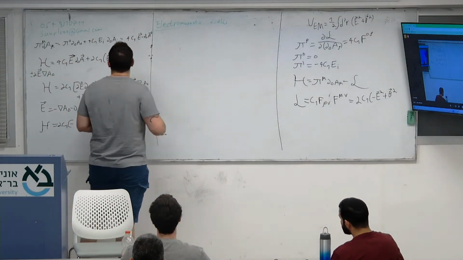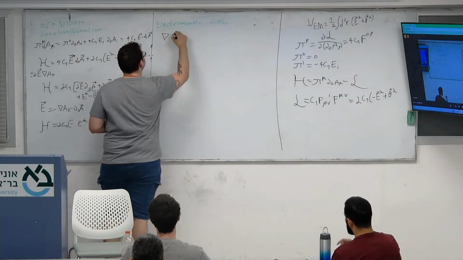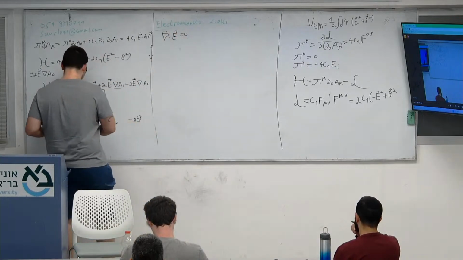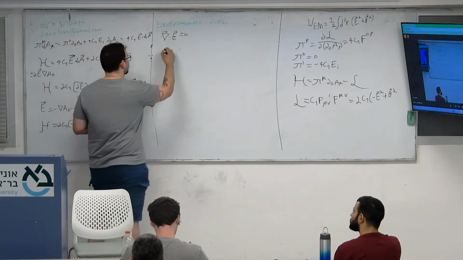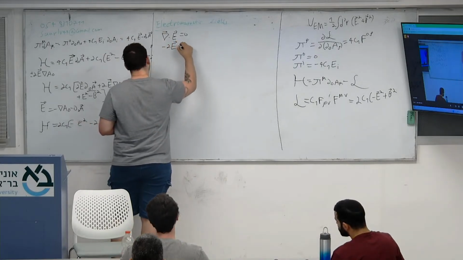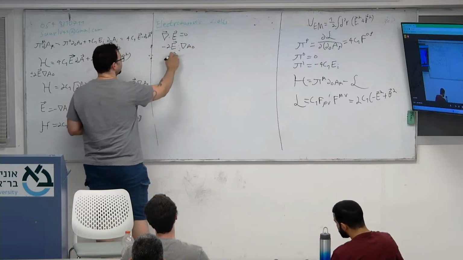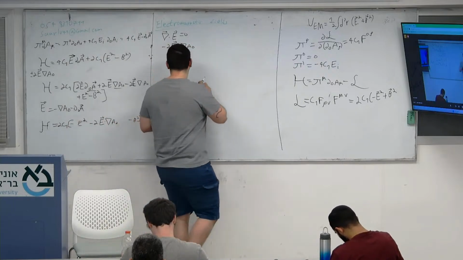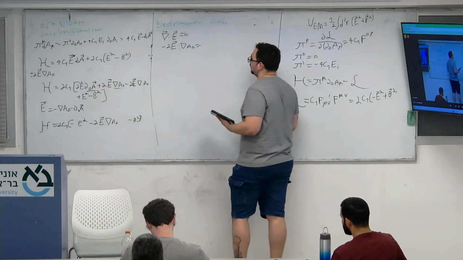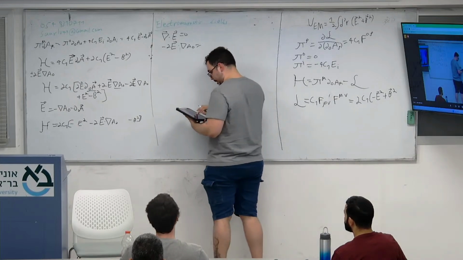Now, because we don't have any density, we know that the gradient of the electric field is 0, and this term, the minus 2 E vector, you can do integration by parts, take the gradient outside, because one of the terms of the integration by parts cancels out.